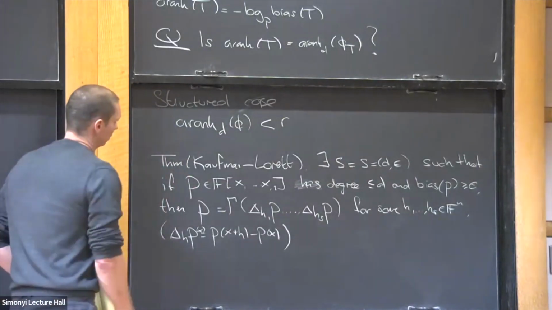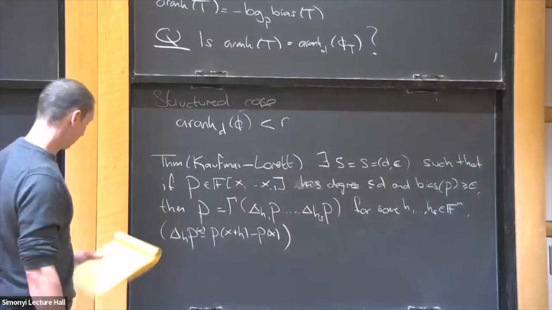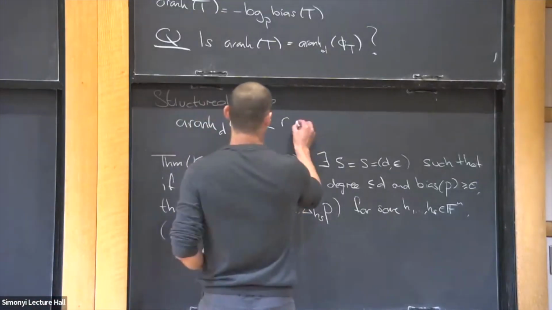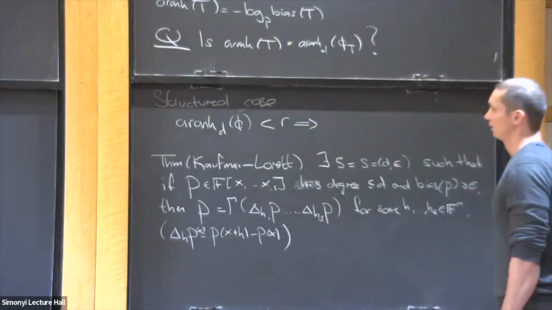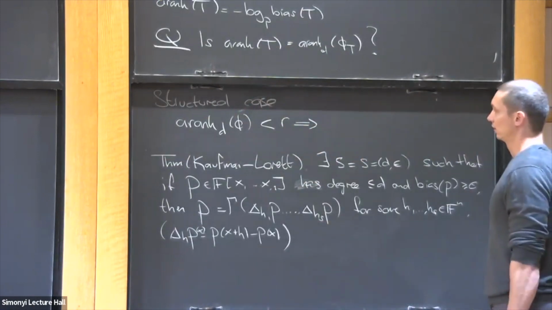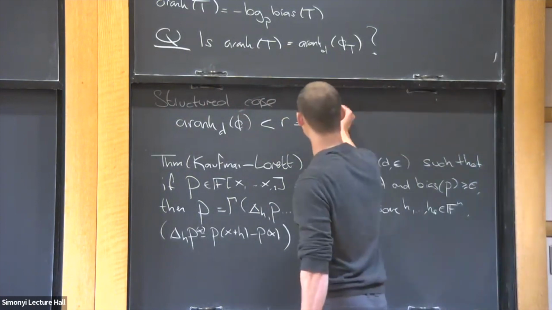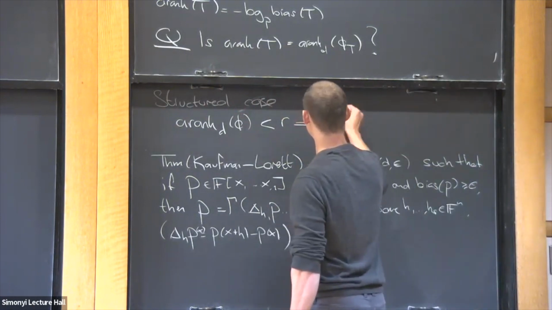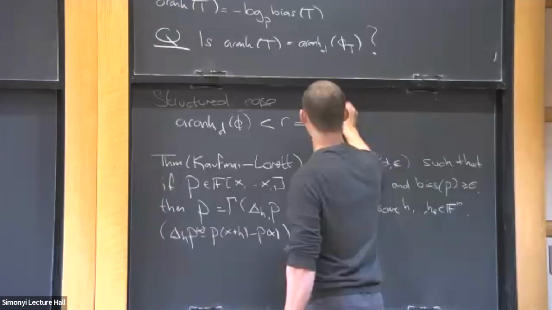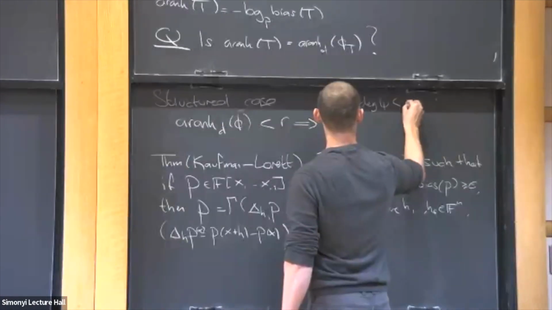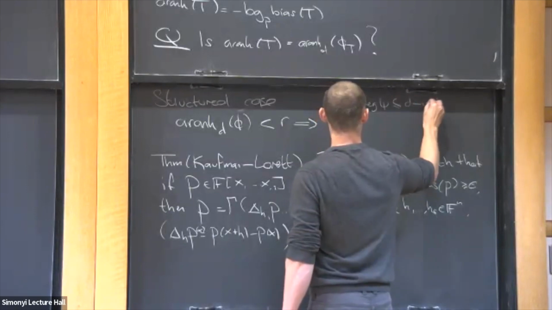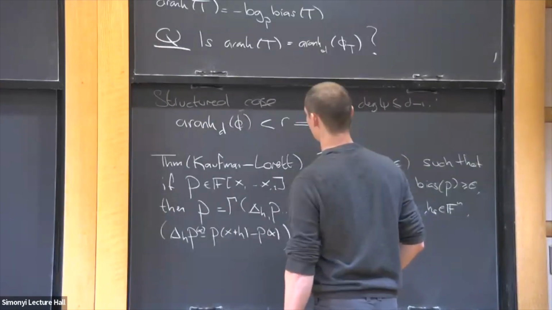So what does the structured case mean? If we assume that our polynomial map phi has a low analytic rank, that means that there is some polynomial map psi whose degree is at most d minus 1.